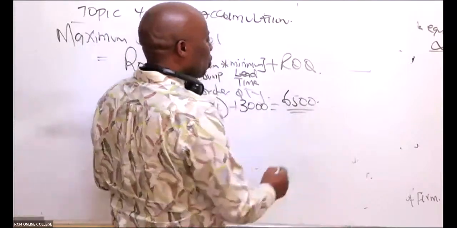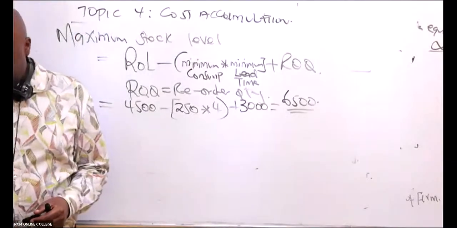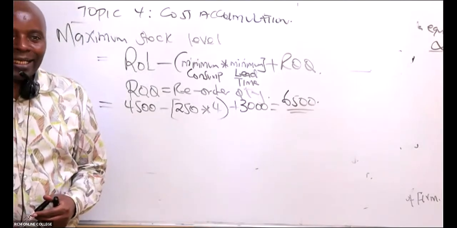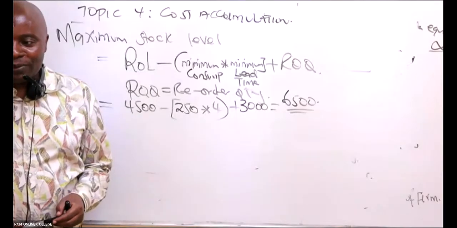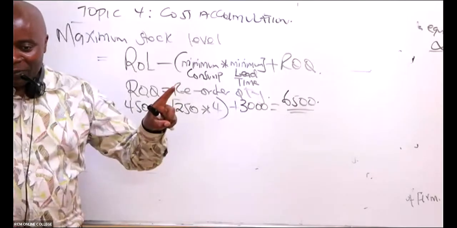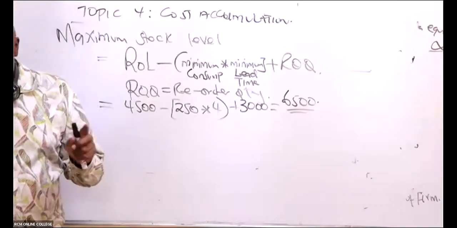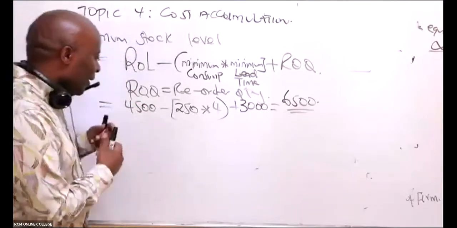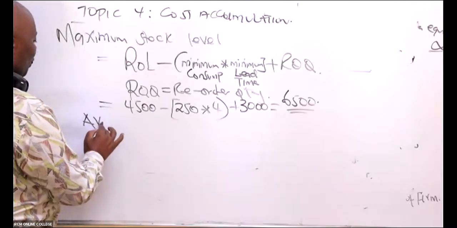Now, I've given you so many formulas, but just in case they ask average stock level, what will you do? You take the minimum stock level plus maximum stock level, and then you divide by 2. The examiner never asked us, but let's do it.